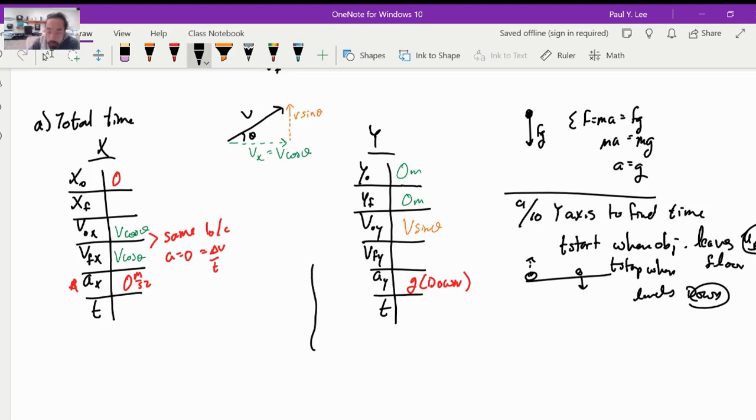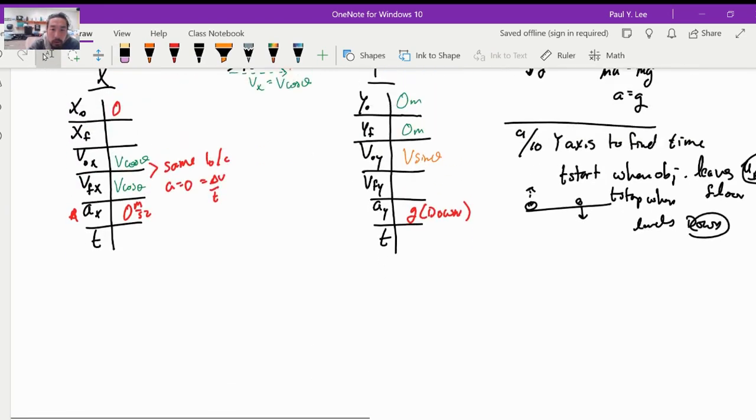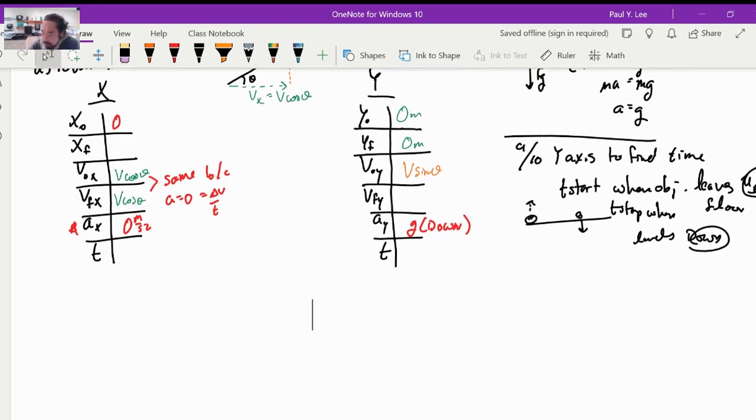And so at this point, what we have to do is use our kinematics formulas in order to figure out the time. So have the kinematics formulas probably at the top of your paper, because we're going to be referencing them throughout.